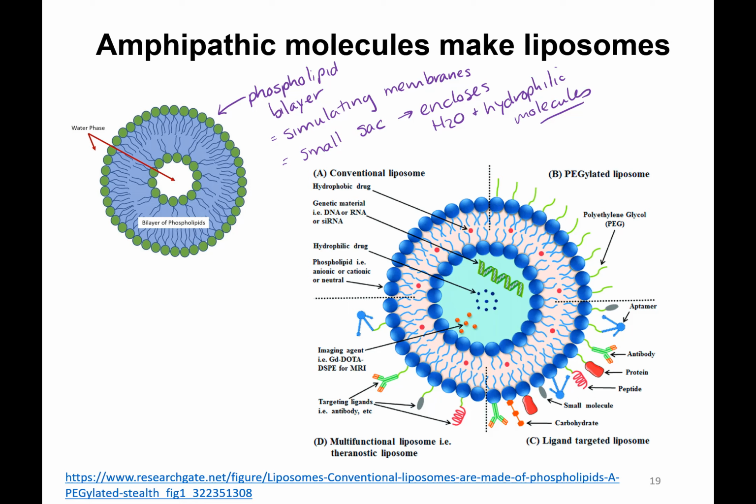What's beyond the scope of this class, but something kind of cool, is that liposomes have become a way to deliver drugs or genetic material to our cells inside our body. One thing I want you to remember is that membranes are membranes.